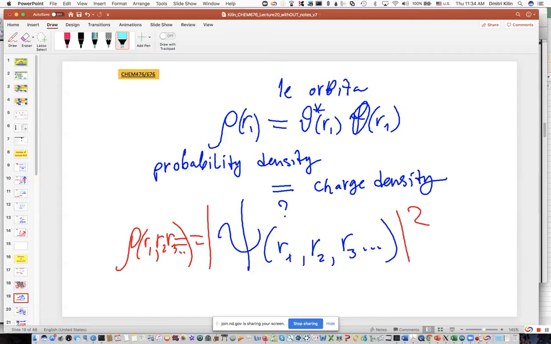We need a density as a function of only one Cartesian position in space.